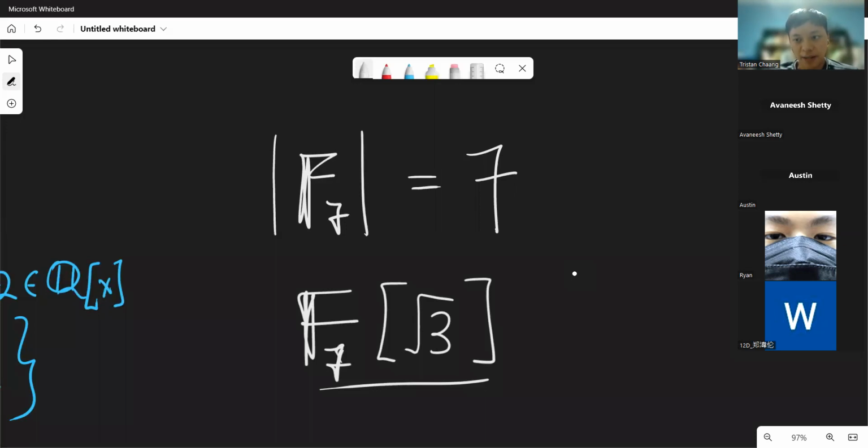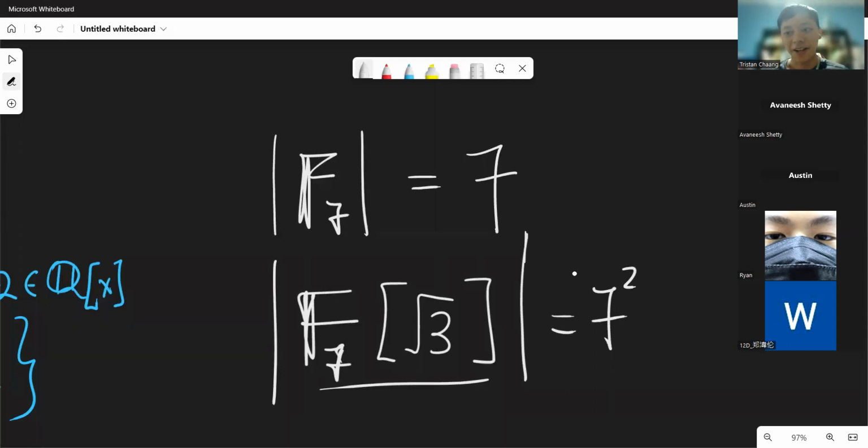And a could be any mod 7 integer, b could be any mod 7 integer. 49. Yes, thank you. So it's 49, 7 squared. This is also a field. In fact, there's a theorem that says that the size of any finite field must be a power of a prime.